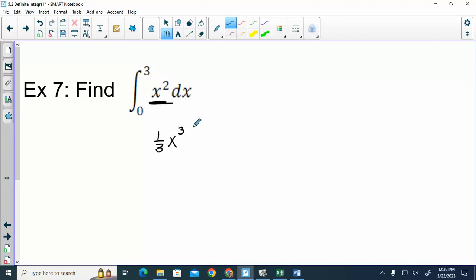So this is saying we want to evaluate this from 0 to 3. After you do the integral, the notation is just put this vertical bar at the end to keep in mind your limits. All that means is you plug in a 3 to your antiderivative, minus, and then plug in a 0 to your antiderivative.